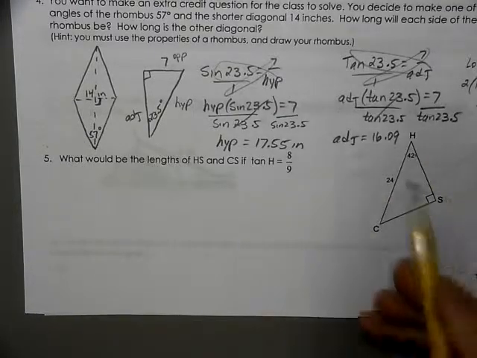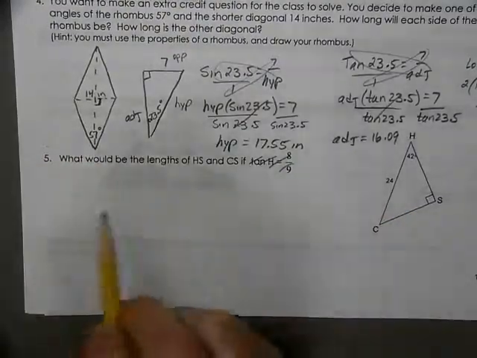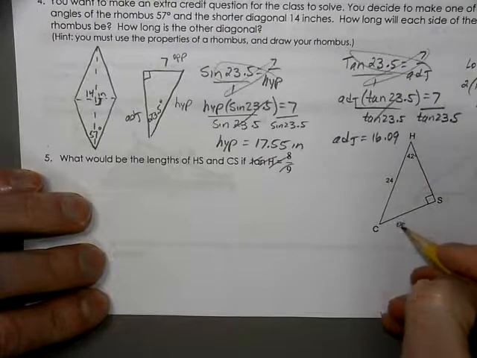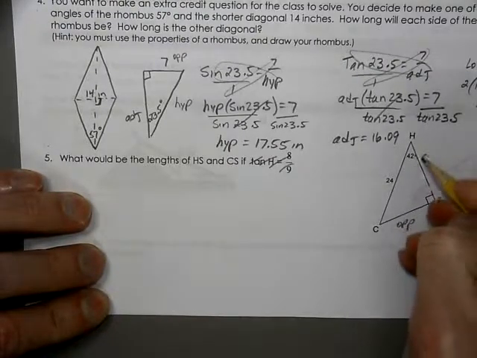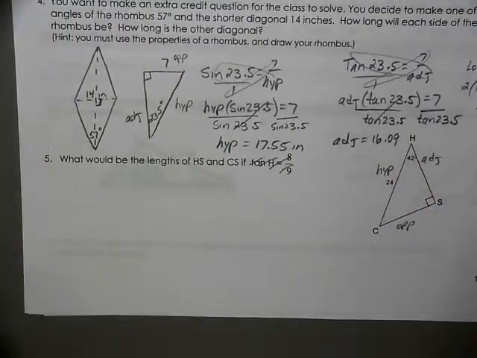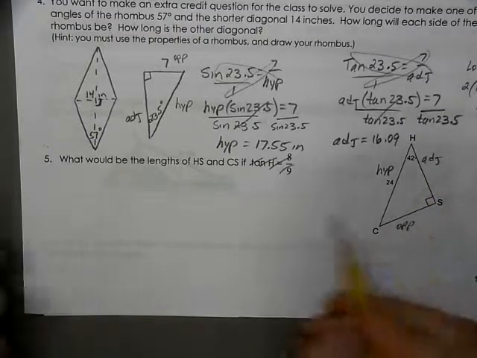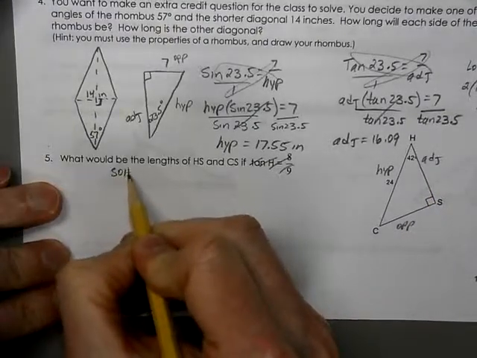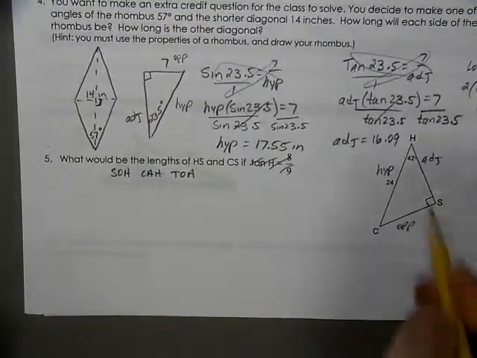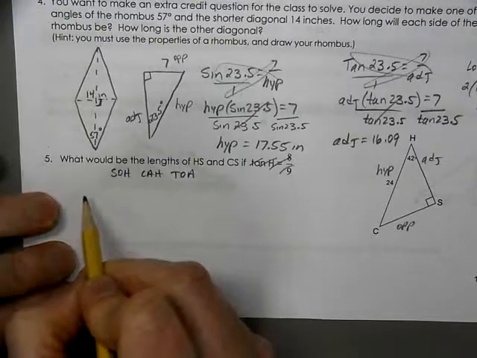But let's solve it not so much using the tangent of H, but let's use it with the concept of the 42. So the opposite side is across from it, the adjacent side is next to it, and the hypotenuse is across from the 90. So if we're going to solve for CS, that's going to be using the concept of SOHCAHTOA. Opposite hypotenuse, OH, that's sine.